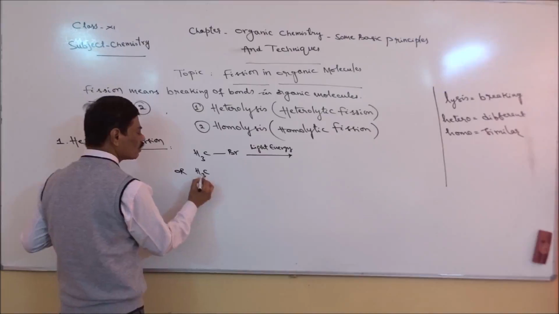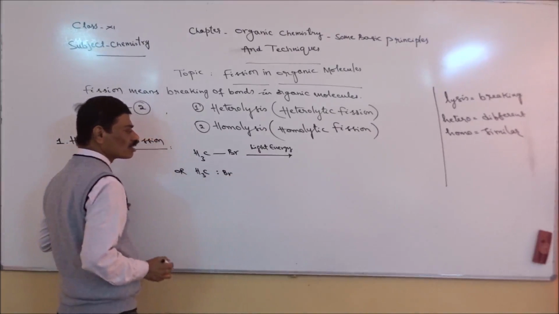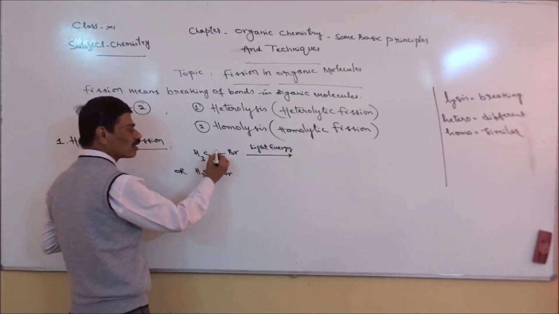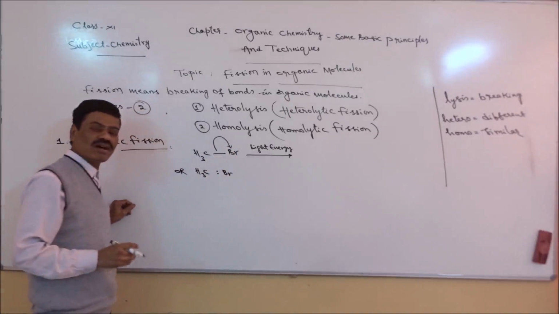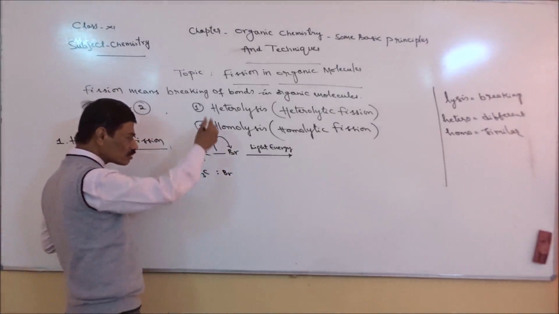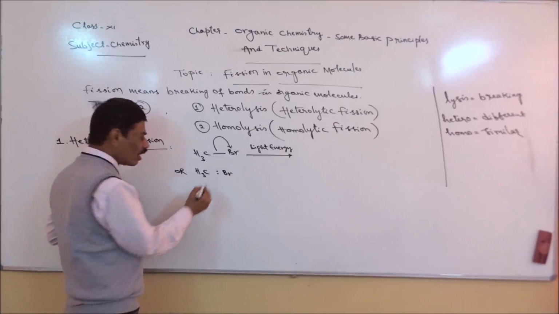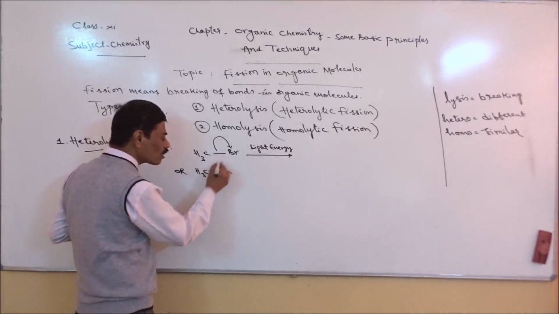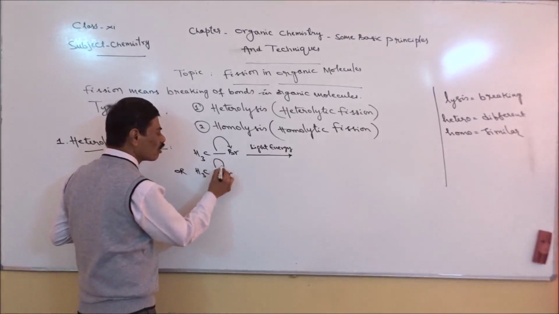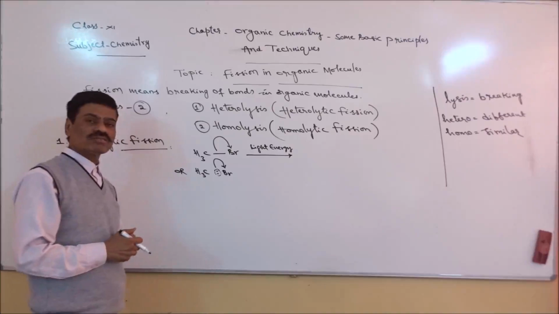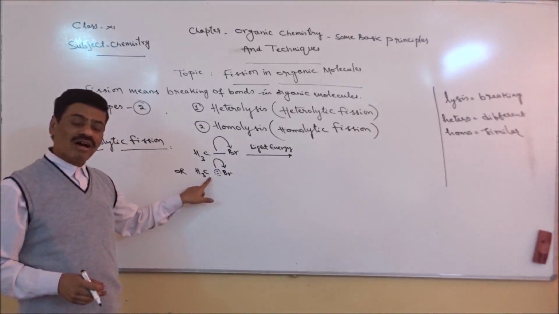CH3, single covalent bond means electron pair. So the single covalent bond will be moving towards Br completely. That means the bond is broken, cleaved. As a result, that single covalent bond or electron pair will be moving towards Br, away from the carbon atom of the alkyl group.